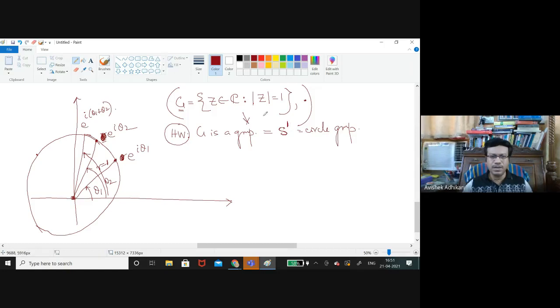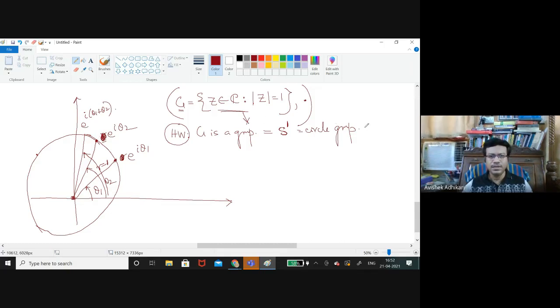So what is S1? S1 is basically all such complex numbers whose mod value is 1. That means it will be a circle in the complex plane whose radius is exactly 1.